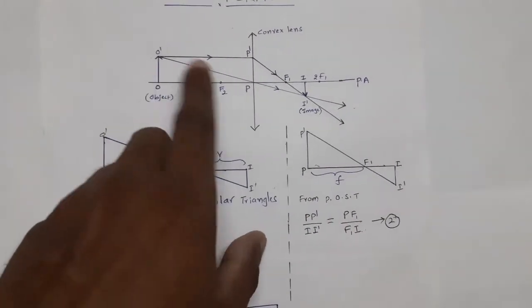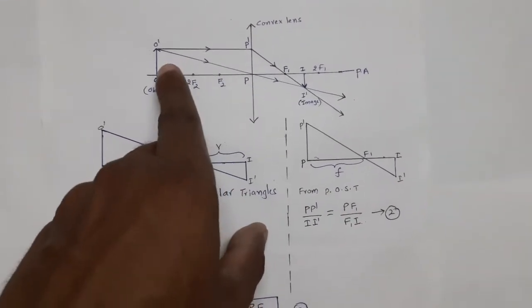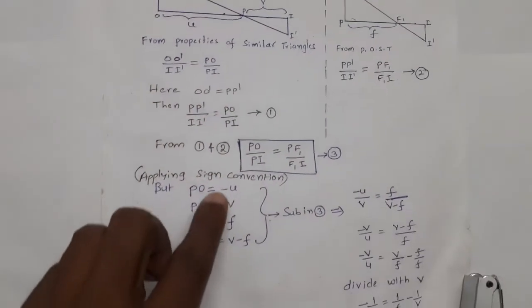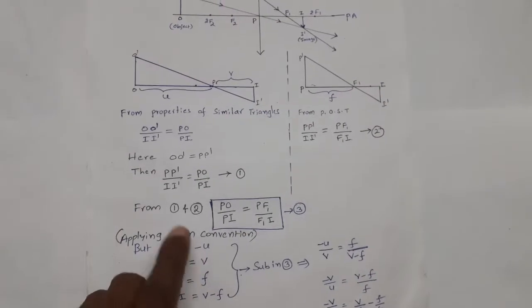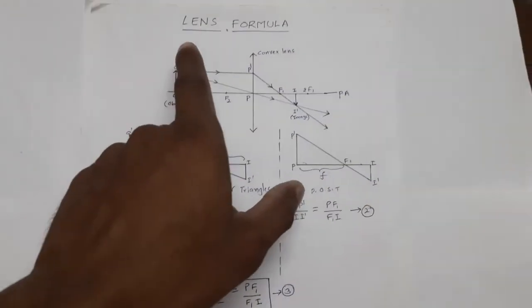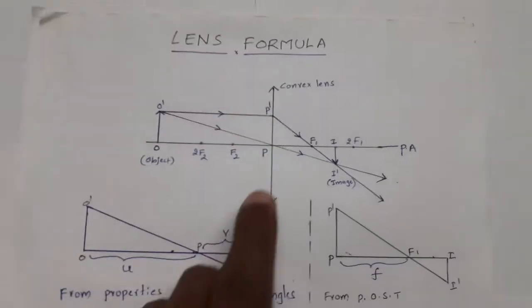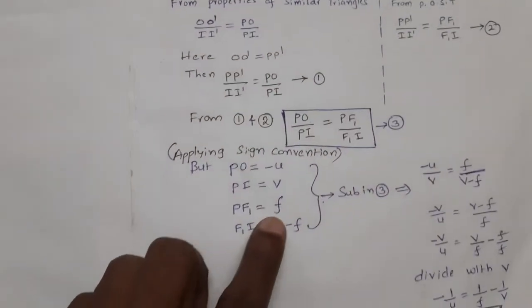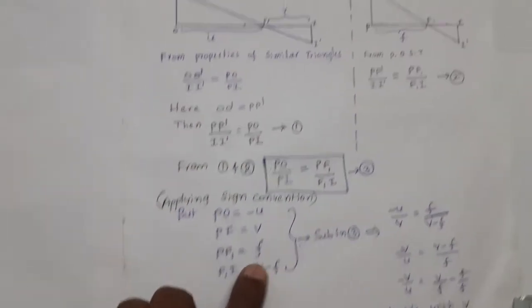But we are measuring the object distance against the incident ray, so we have to take the object distance as negative. The image distance is measured in the direction of the incident ray, then we can take V positive. And the focal length is also measured in the direction of the incident ray, then you can take the focal length F as positive.